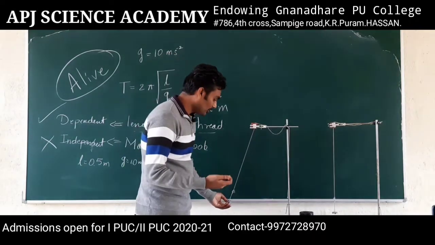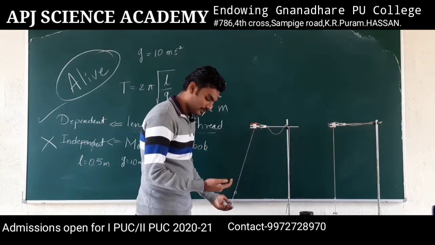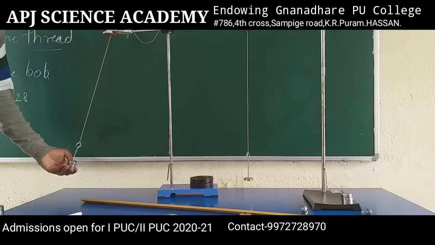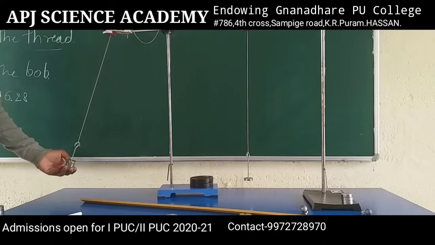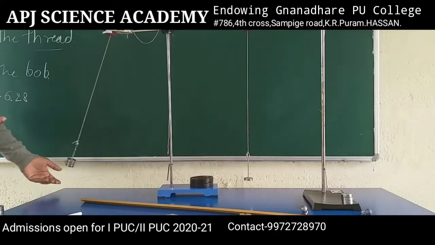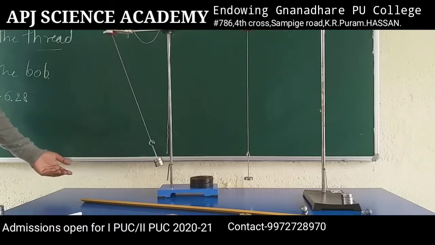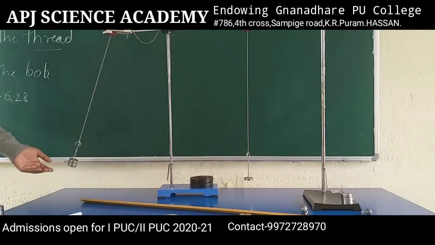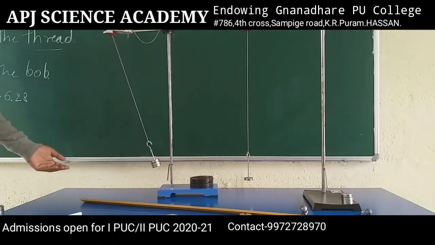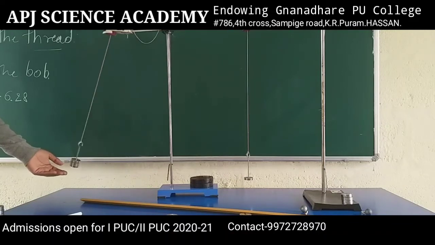Okay, so let me start the oscillation. It's 0 0, you can see. One, two, three, 4, 5, 6, 7, 8, 9 and 10.